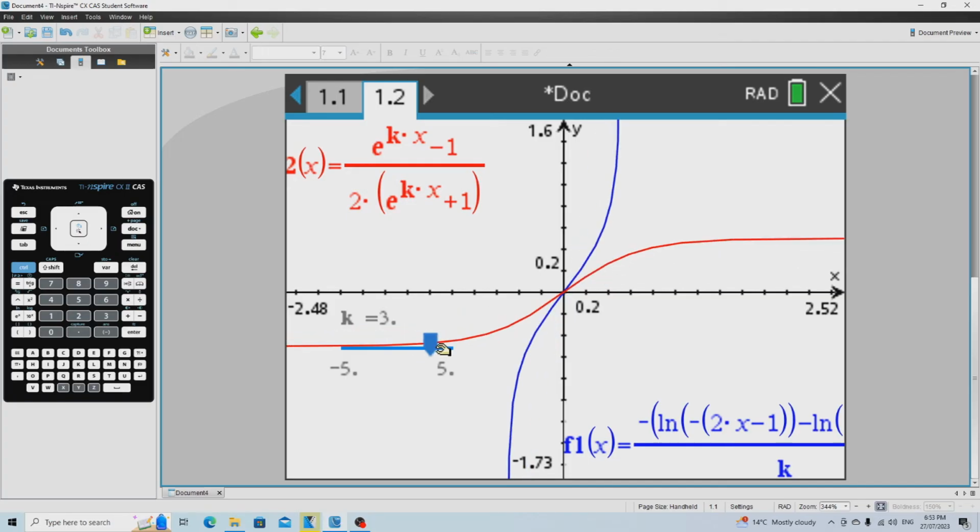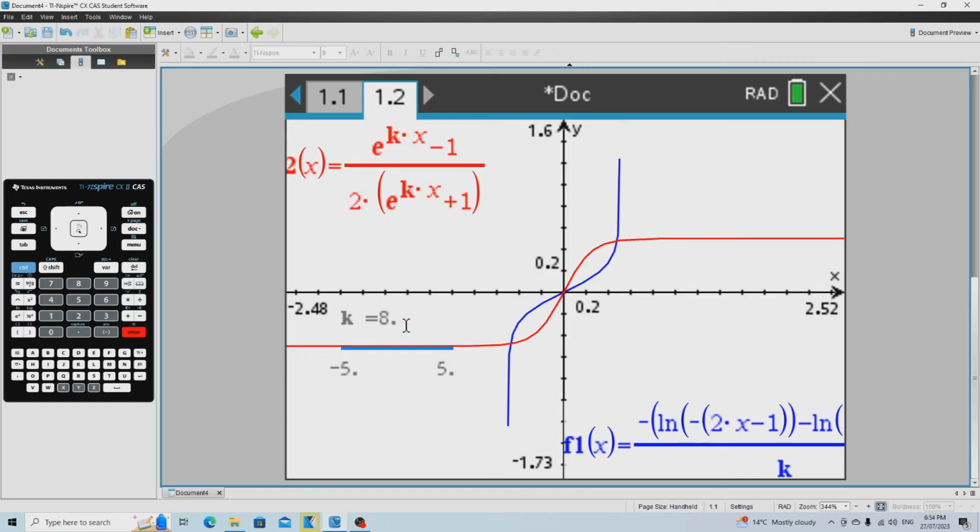2, closer, closer, closer. What we can see is that when k is equal to 4, there's no area, but more than it, there starts to be area. What about if we put 6? Let's put 8. Okay, 9. If we increase the value of k, we're getting a bigger area. So I think it was 4.